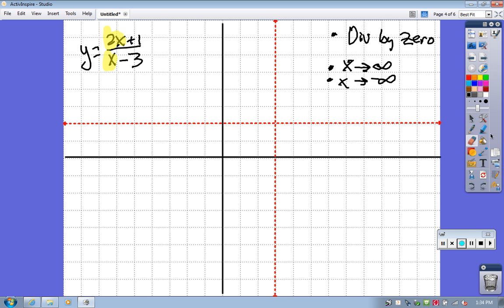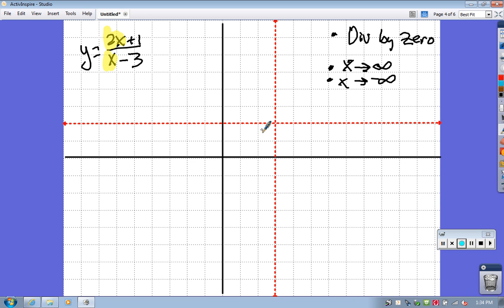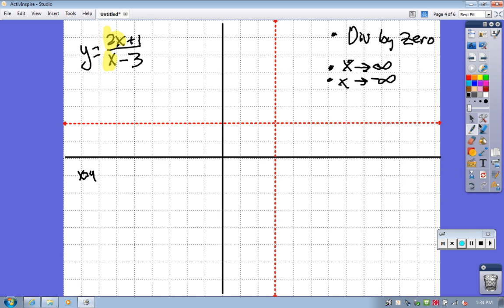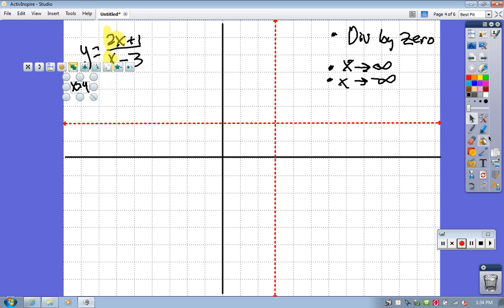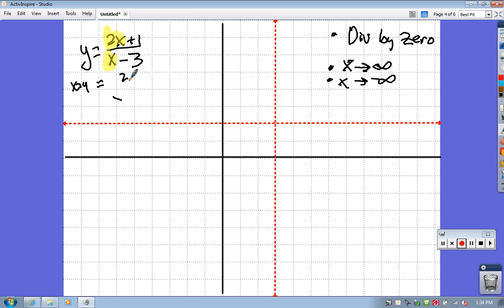So now here's what I can do. I can start to sketch some graphing of it. Let's see, this is out here at 3. So let's say that x is 4. X is 4. Plug it in. 2 times 4 plus 1 over 4 minus 3.